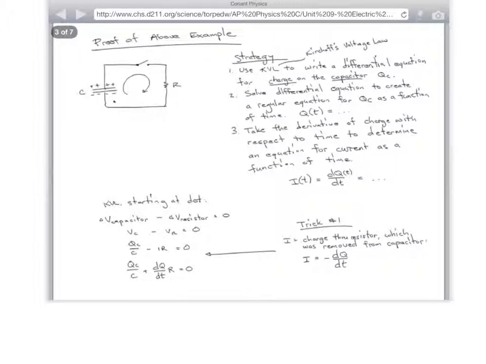If current flows, the charge on the capacitor decreases. Wouldn't you agree? If current flows from the top side of the capacitor to the bottom side of the capacitor, you're starting with a capacitor with positives on this end and negatives on this end. So as that current flows, what happens to those charges?